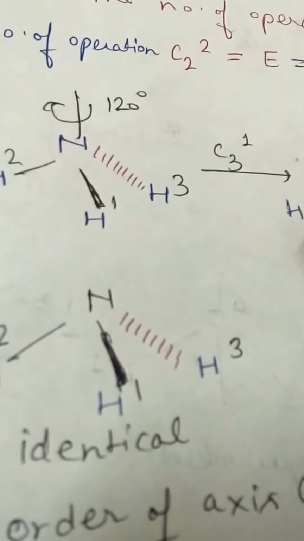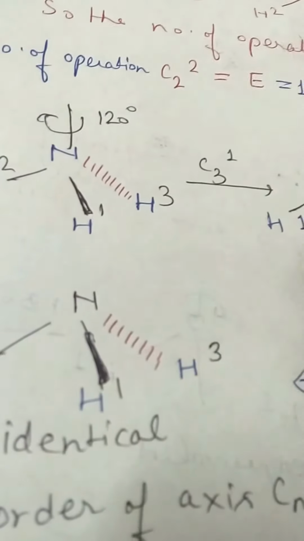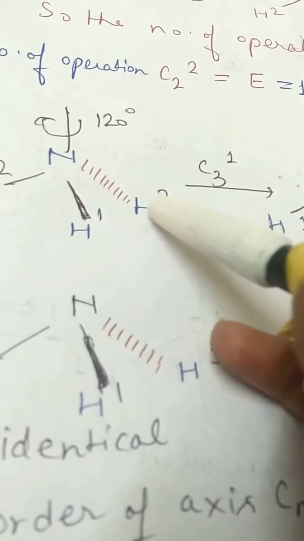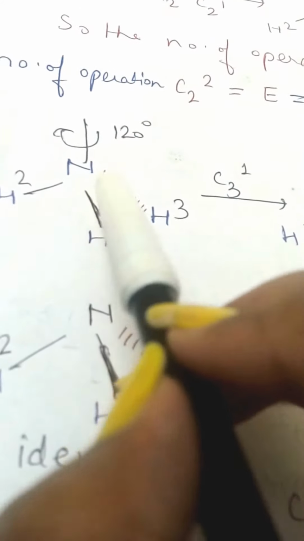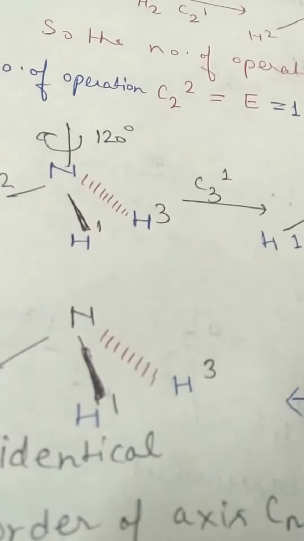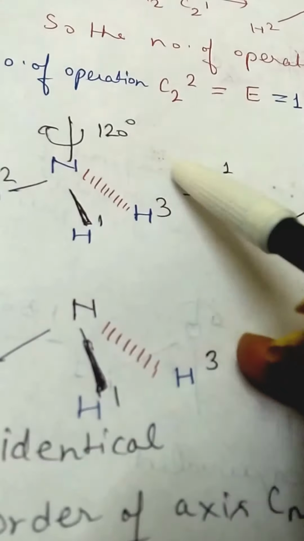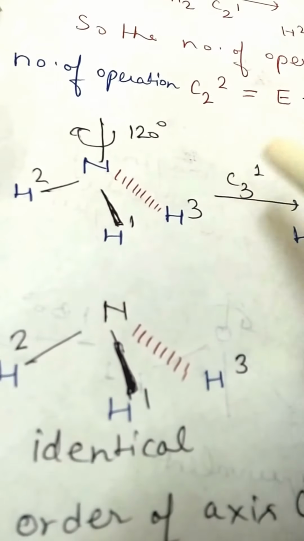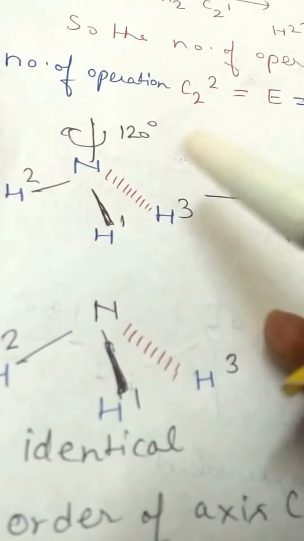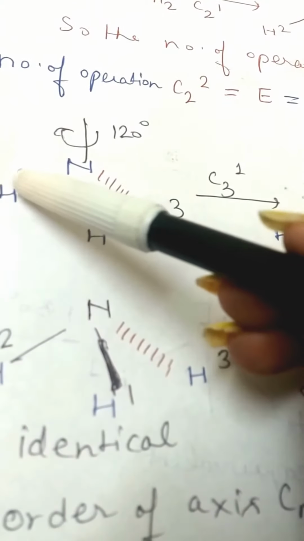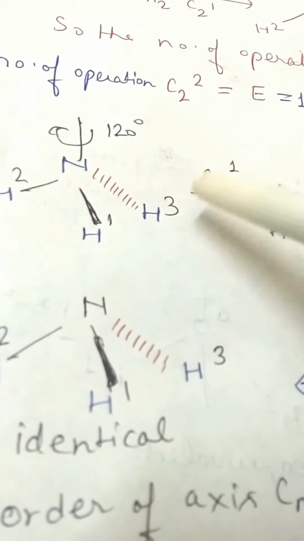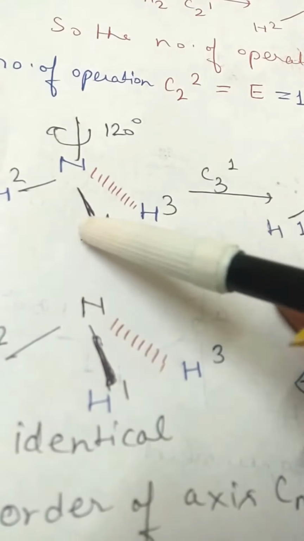Okay. So in this case, you can see we have 3 molecules. So its axis is the C3 axis. Okay. C3 axis. So here we are rotating it by 120 degrees. So what will happen when we rotate it by 120 degrees? Then this hydrogen will go on that side, this hydrogen will go on that side, and this will go on that side.